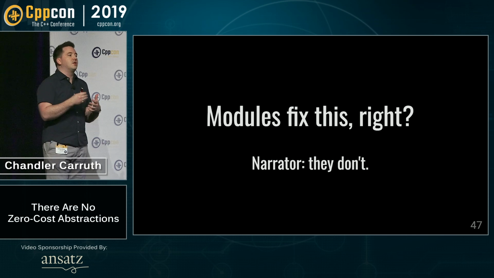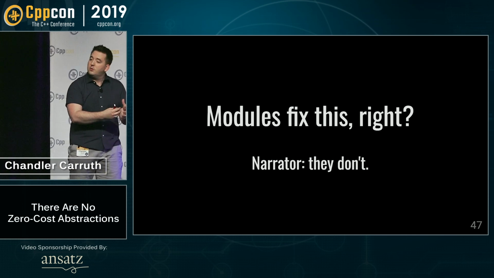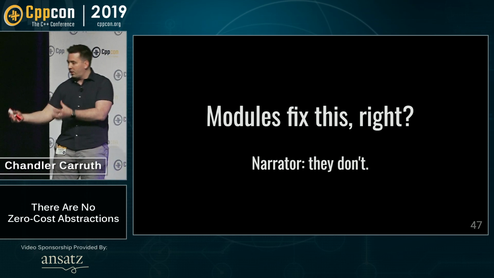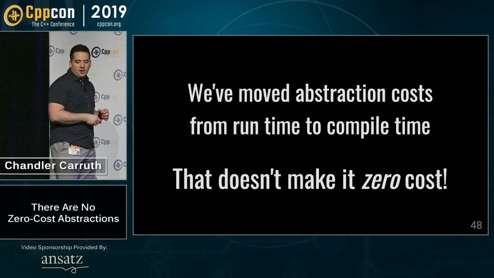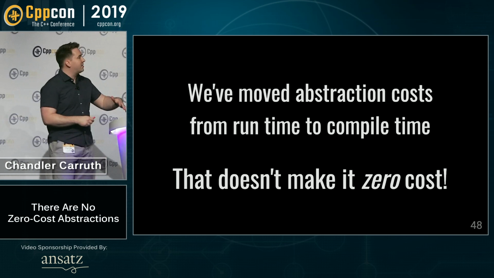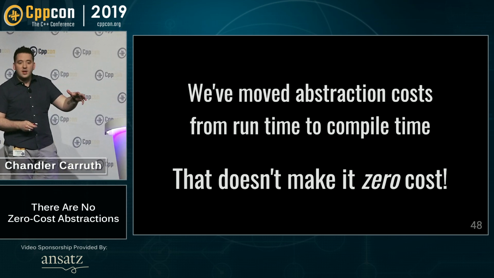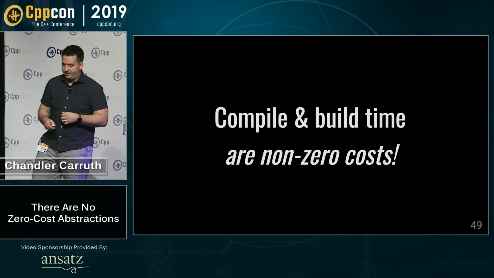And we needed to actually internalize that every time we're going to enhance something like a code generator used ubiquitously, like the protocol buffer code generator, we have to think about the compile time cost, right? Moving abstractions from runtime to compile time doesn't make them free, doesn't make it zero cost, it just means the cost is paid somewhere else.